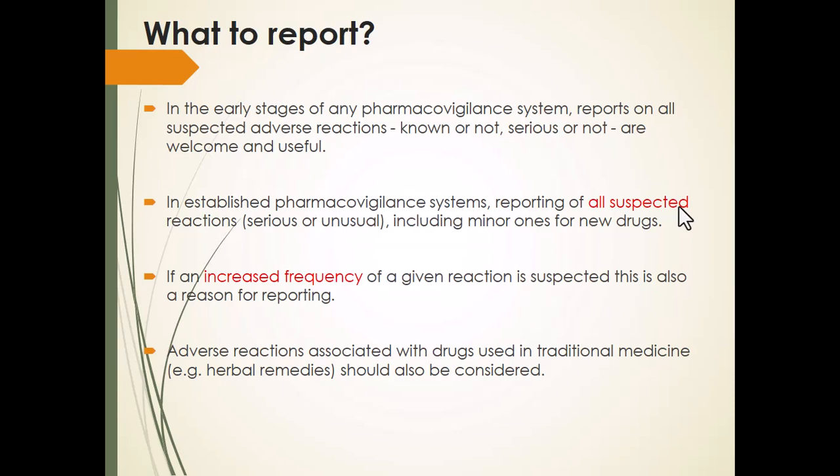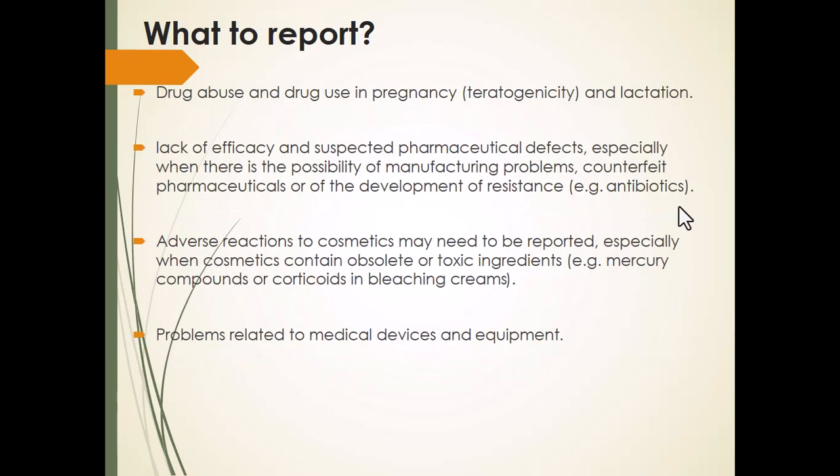If an increased frequency of a given reaction is suspected, it is also a reason for reporting. Adverse reactions associated with drugs used in traditional medicines should also be considered and reported.